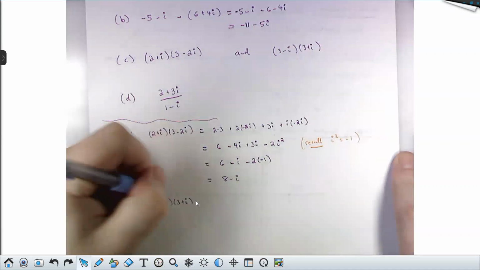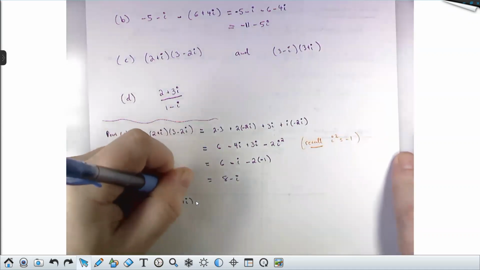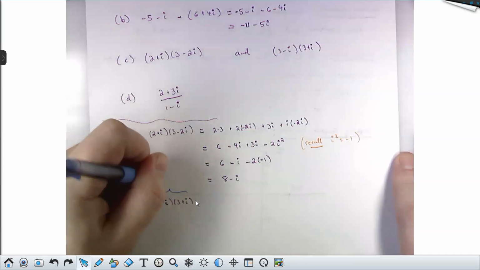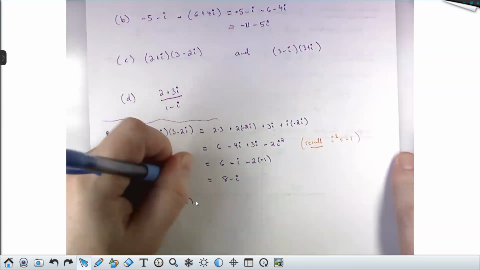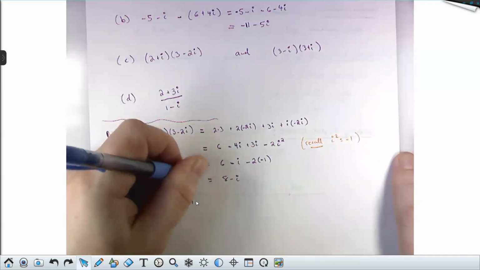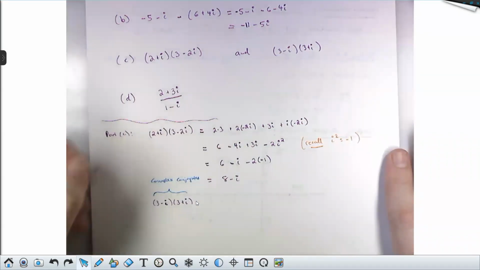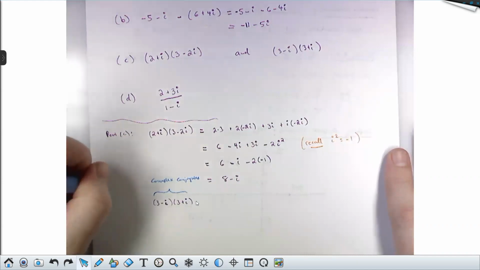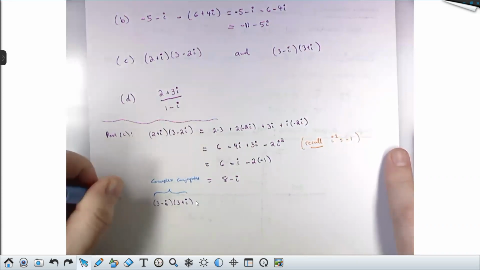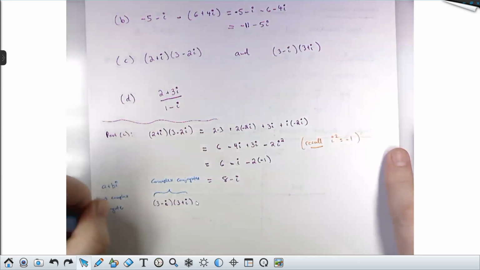So just a little bit of vocabulary for you. In general, the complex conjugate of a plus bi is a minus bi.